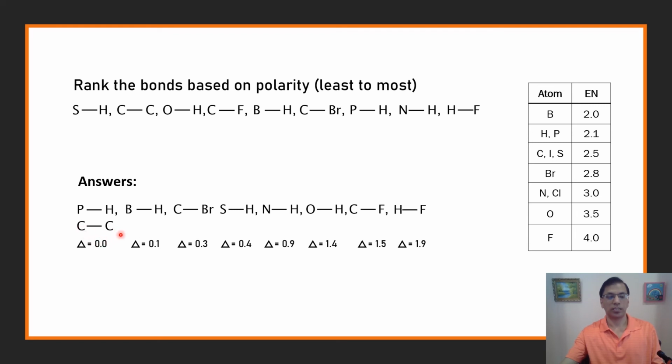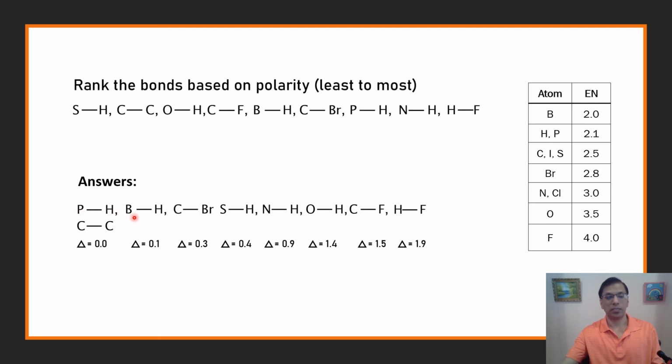Whenever there is a bond between two of the same atoms, it's a pure covalent bond, and the electronegativity difference is 0.0. In the case of the phosphorus-hydrogen PH bond, look at the electronegativity numbers here. Hydrogen and phosphorus both have an electronegativity number of 2.1, and hence the difference in electronegativity between the two bonded atoms is 0.0 for the PH bond.